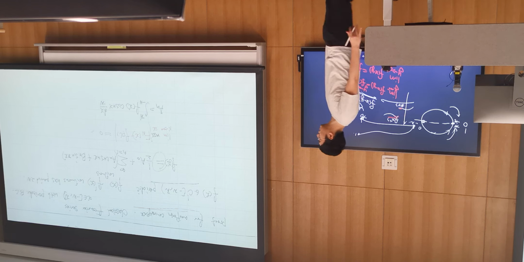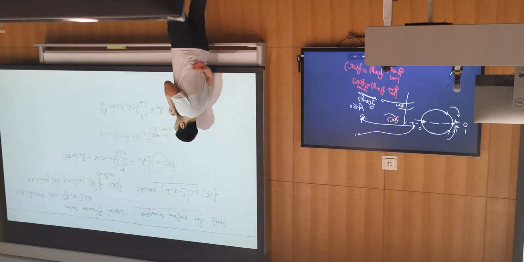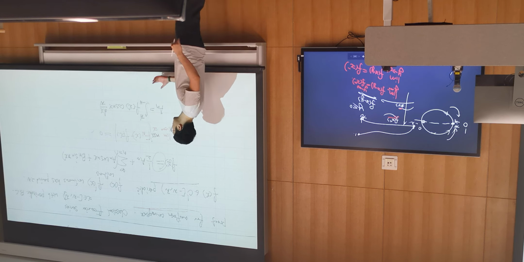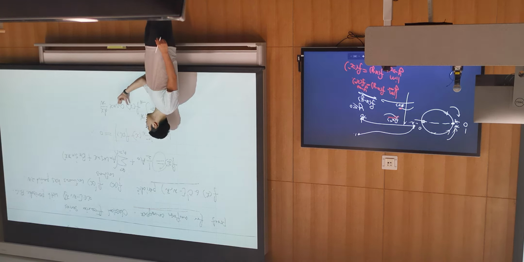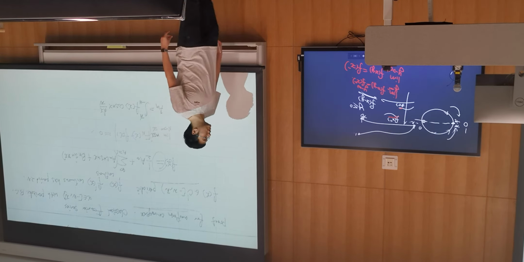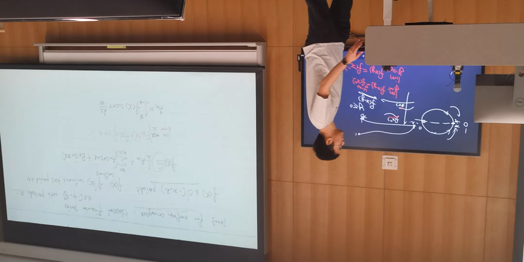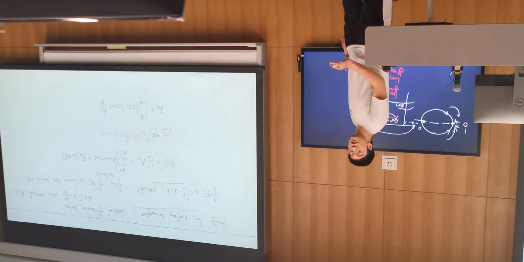This is the integration of the product of two things, and of course we can say that this is the inner product between f(x) and cosine nx.